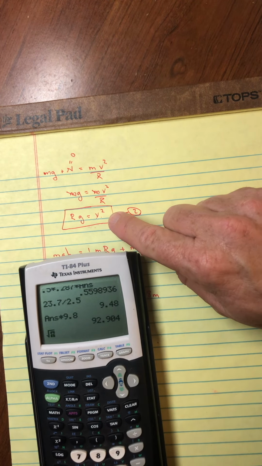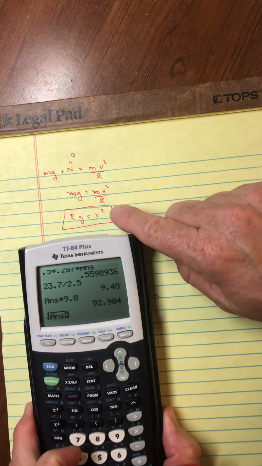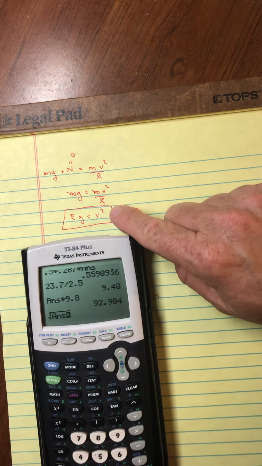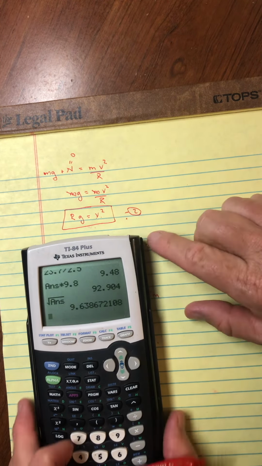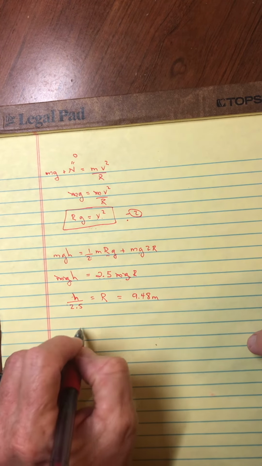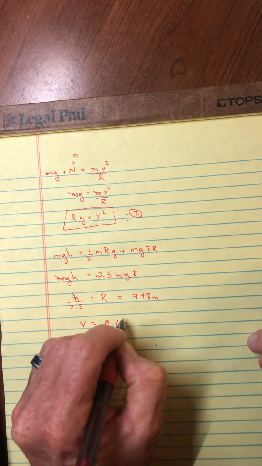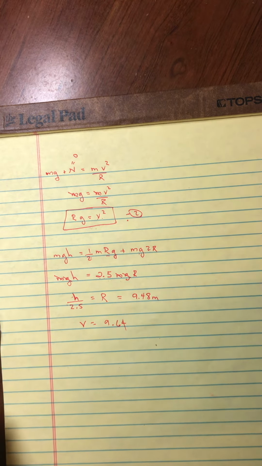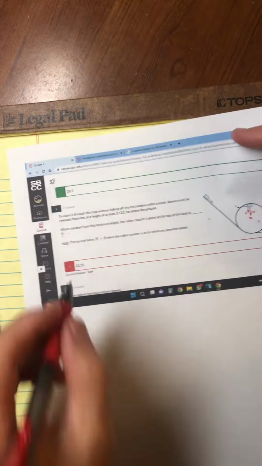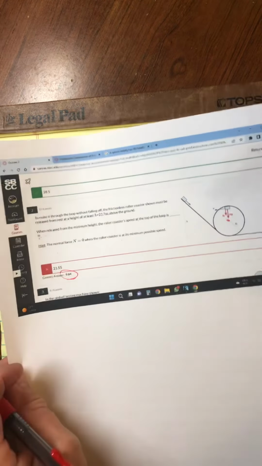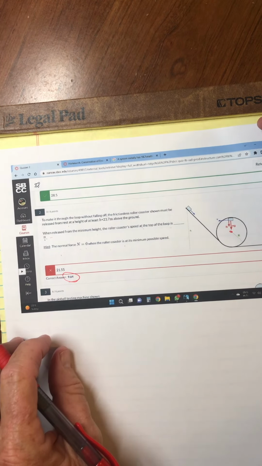So if I now take the square root, I should get v equals 9.64. Nice. And it looks like that does match what the computer here is saying is the correct answer.